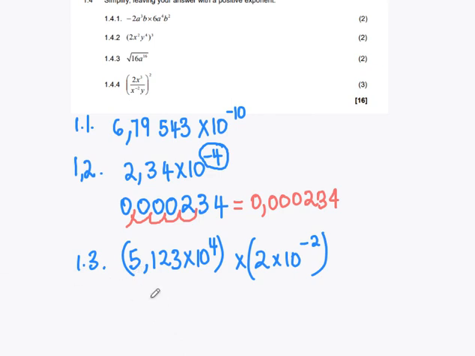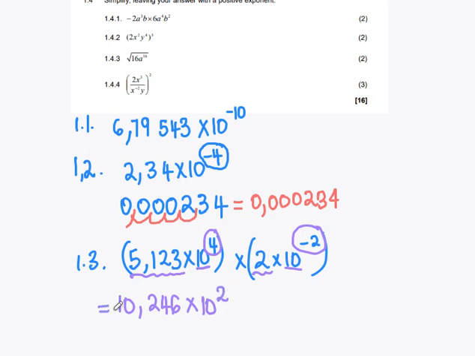So 5.123 times 2 will be 10.246. Then, because these have the same base 10, we operate on the exponents. So this will be 4 minus 2, that will then be 2.